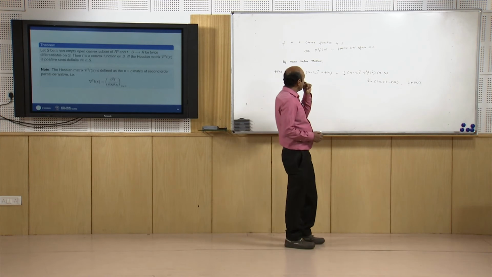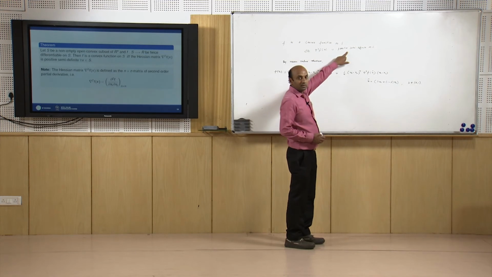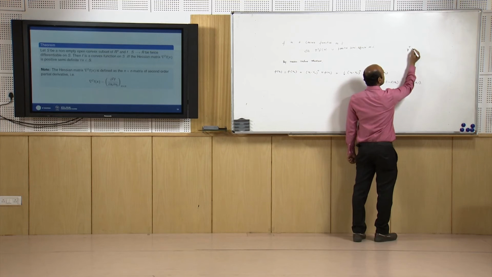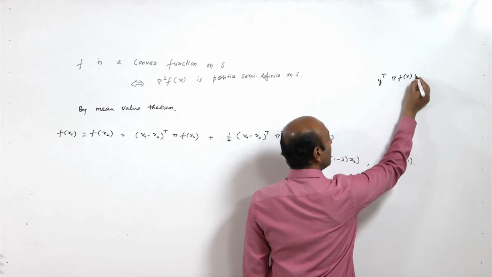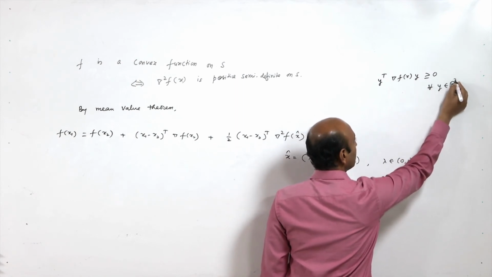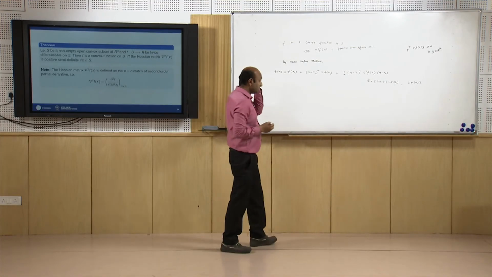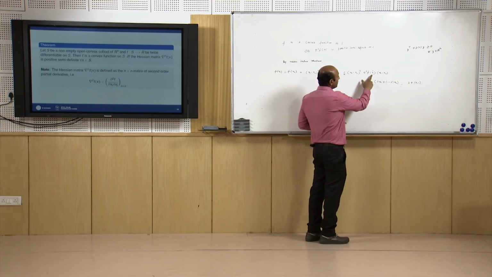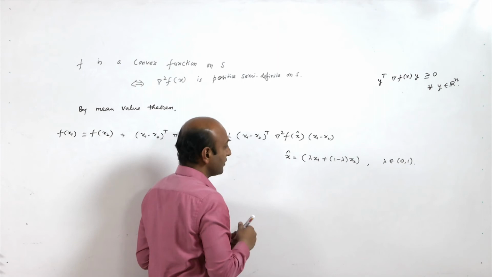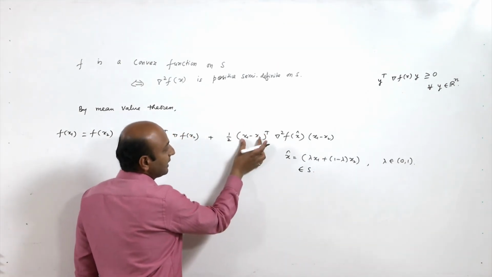Now, it is given to us that the Hessian matrix is positive semi definite. This means y transpose gradient square of f x into y is greater than or equal to 0 for every y in Rn. So, this x cap is in S, because S is a convex set, and this y is any point in Rn.